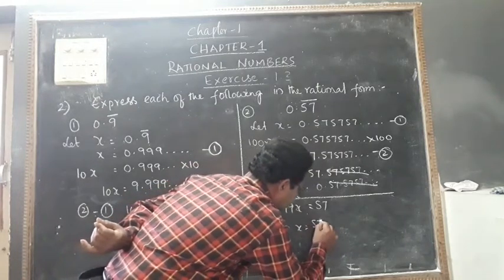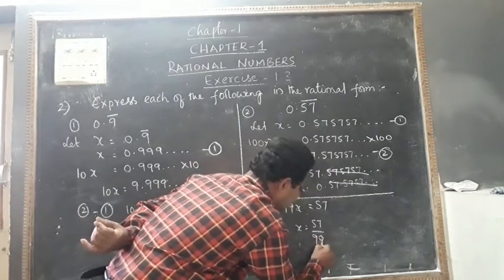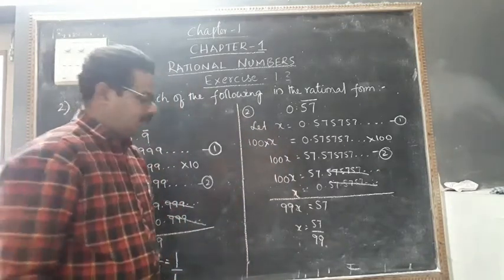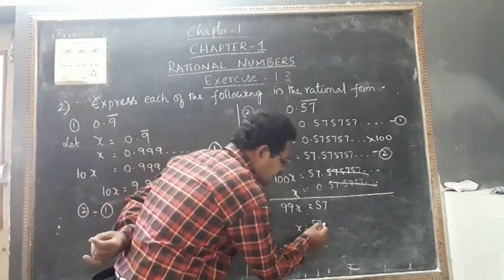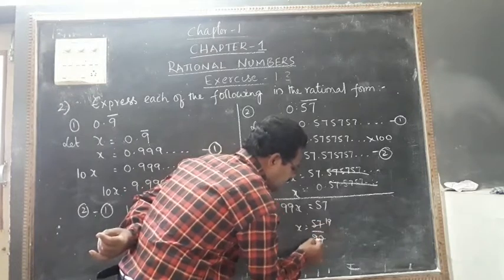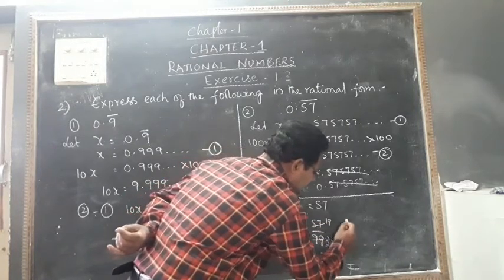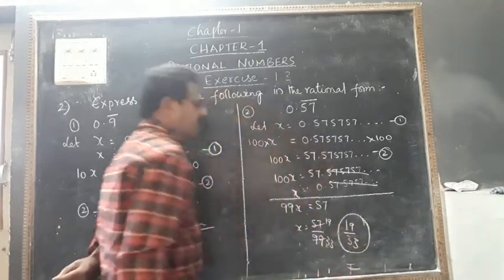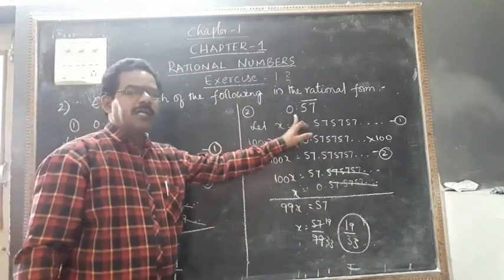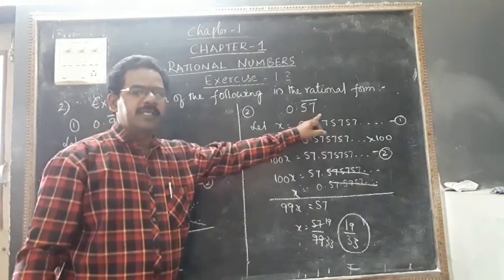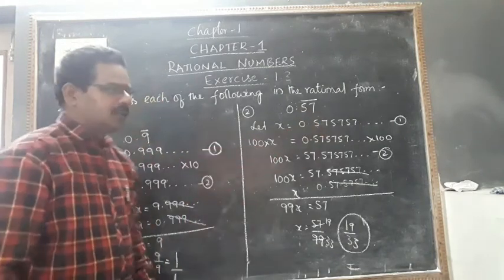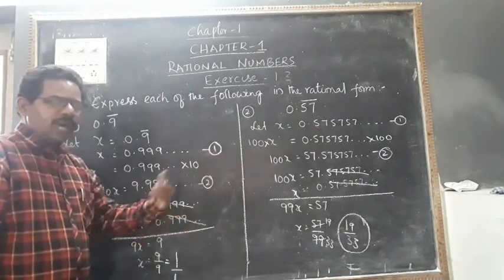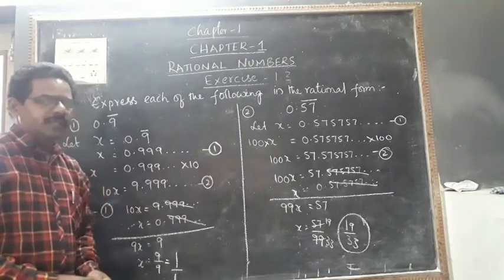X is equal to 57 by 99. Okay. So this can be simplified. In 3 table, 3 19s are 57, 3 33s are 99. This is equal to 19 by 33, the p by q form of the given non-terminating repeating decimal 0.57 bar. Okay. So please note down these two. After that we shall go for the third sum and fourth sum.